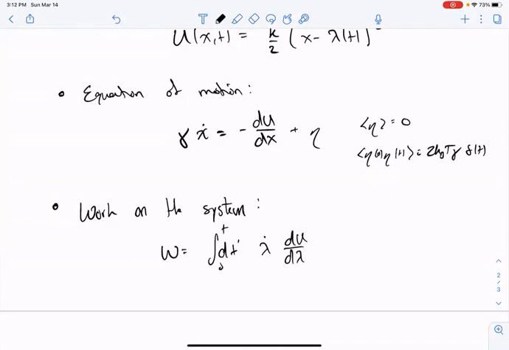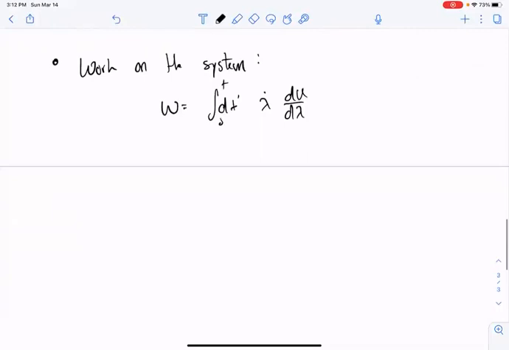So again, if I have no time dependence to my protocol, I don't do any work on my system. This immediately already tells you kind of what is meant by a stationary or quasi-static limit. It's where the rate of change of the parameter is slow relative to some time scales in the system. And we'll see that borne out shortly.